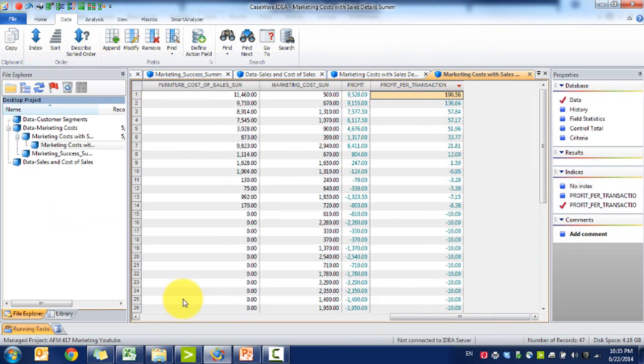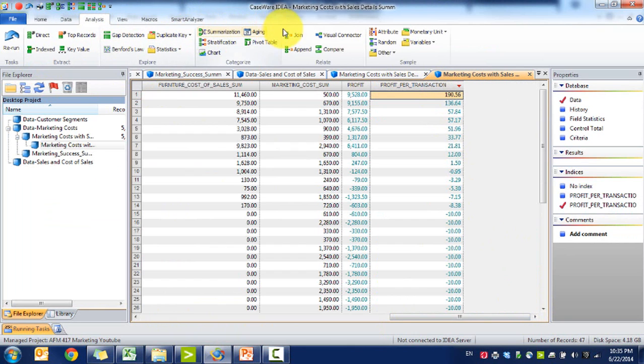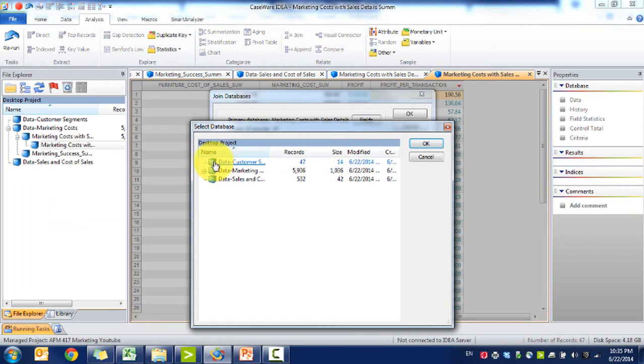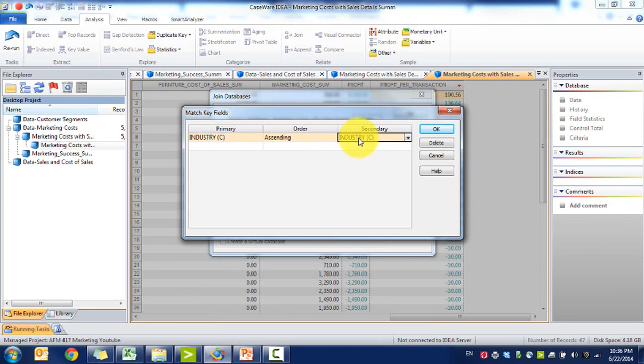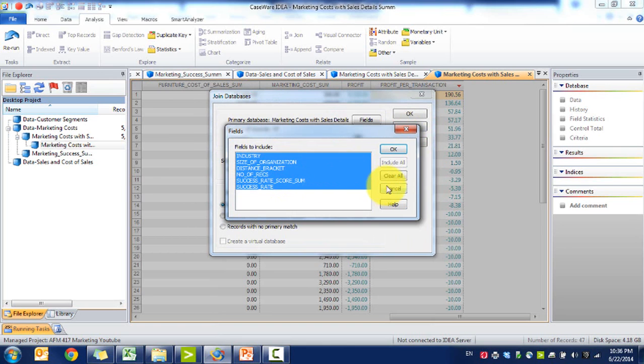And then actually, if we want to be a little bit more complete, we can join the customer success rate, and then join it based off of industry, size of the organization, distance bracket, and then we can include the success rate.